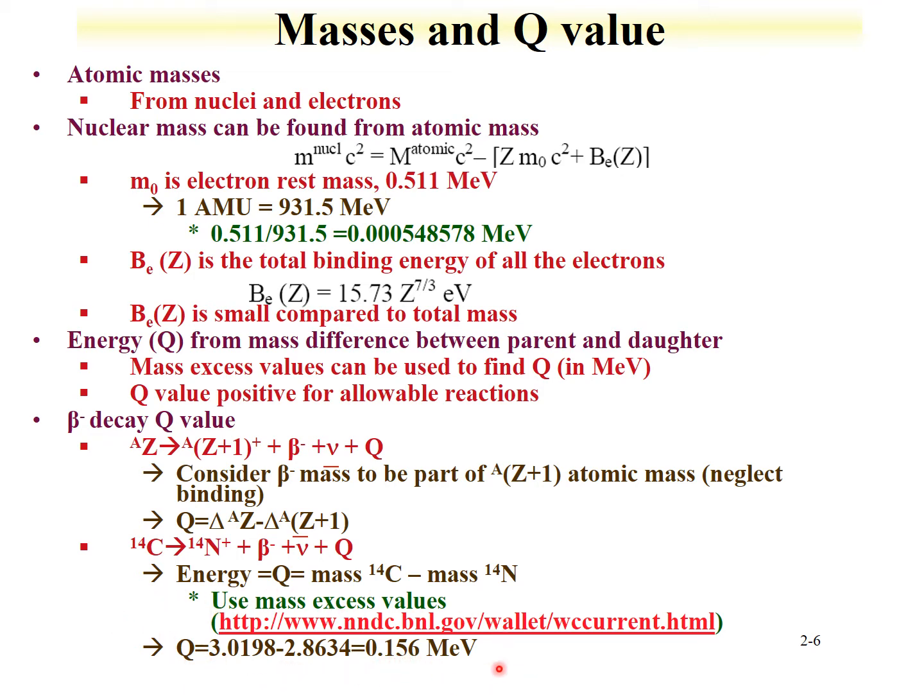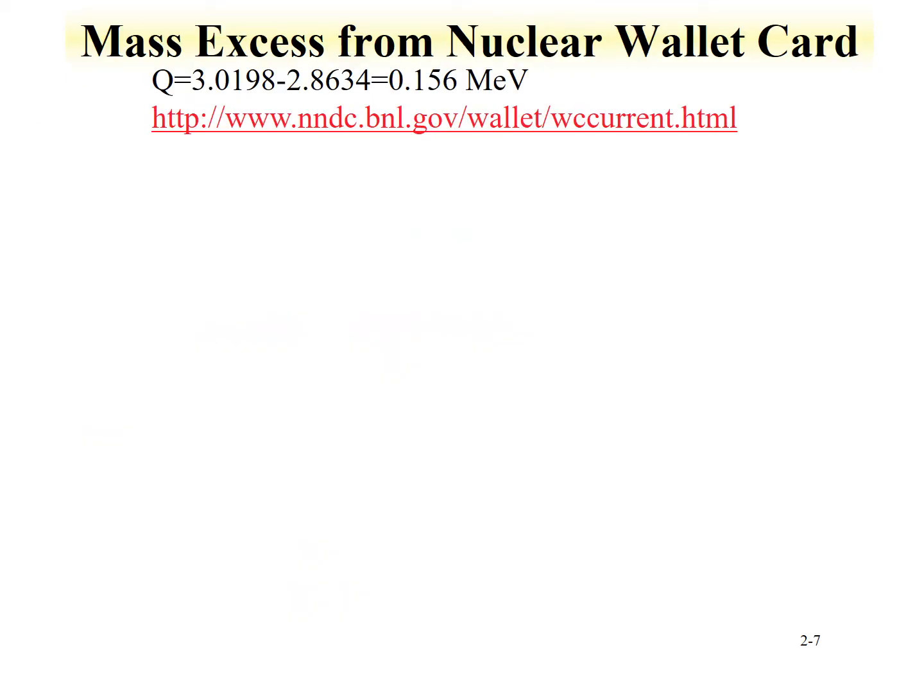So now we have a route for calculating energies for decays, and we've shown that we can calculate the Q value for the beta decay of carbon-14. On the previous slide, we saw that the Q value for the decay of carbon-14 is 0.156 MeV.